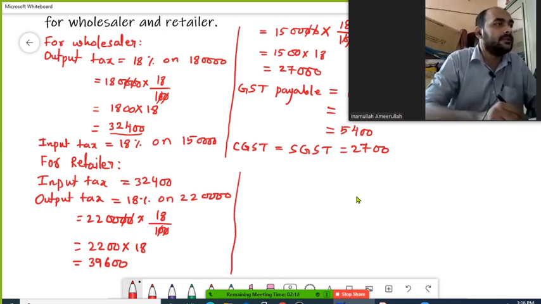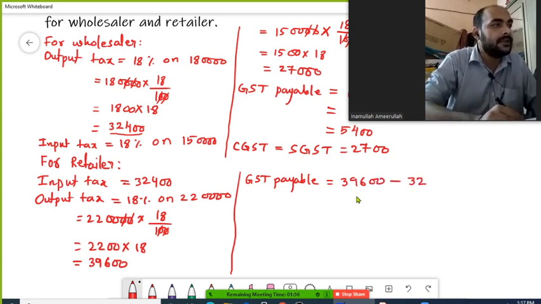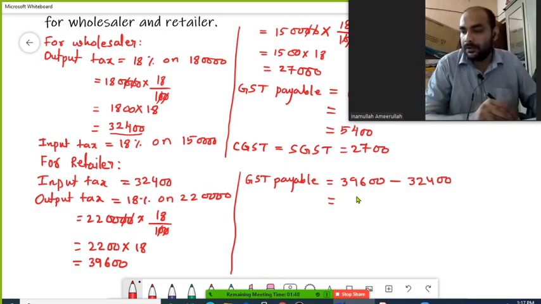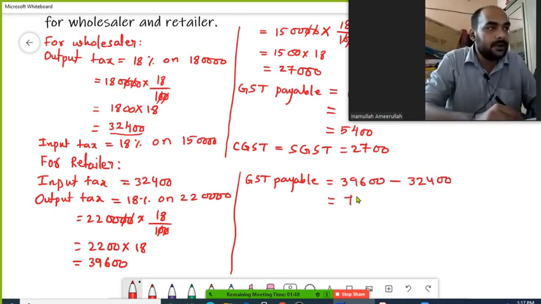So GST payable by the retailer is output tax, that is 39,600, minus input tax. Input tax is 32,400, and the difference would be 7,200.